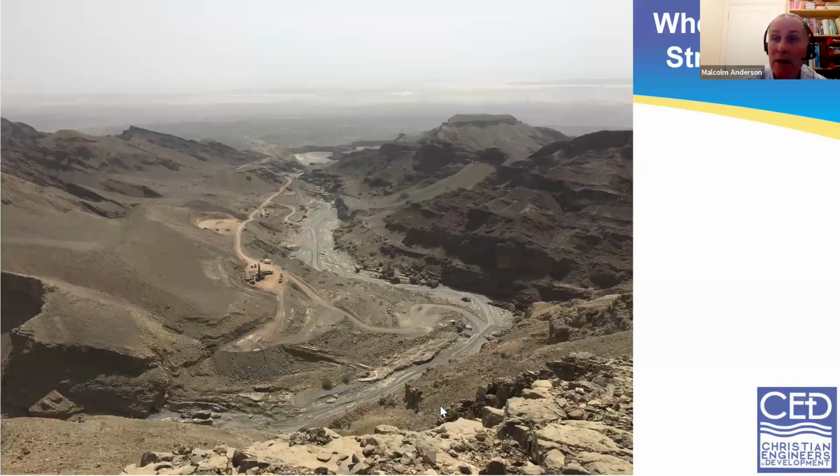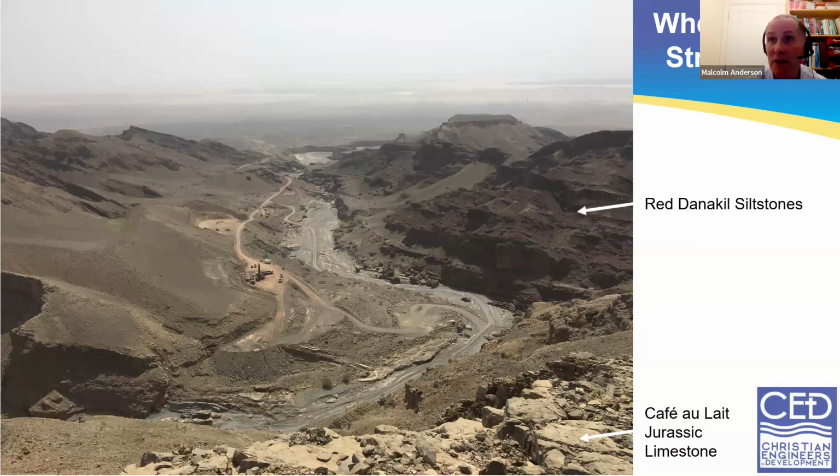So if I go back to this previous picture, where's the structure? As I said, the Jurassic limestone is in the foreground, and red Danakil siltstones are in the middle of the picture.